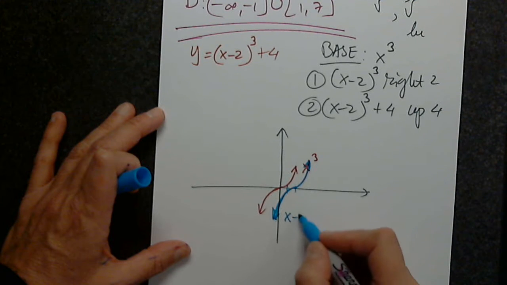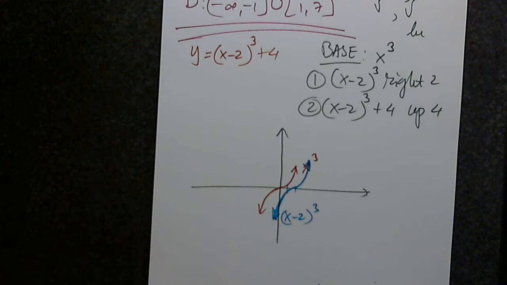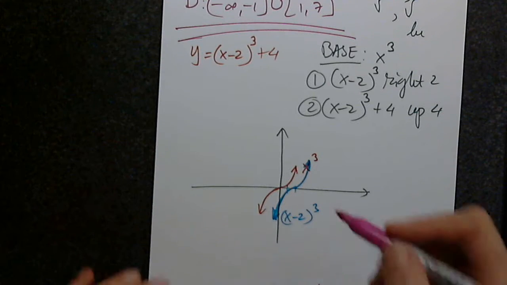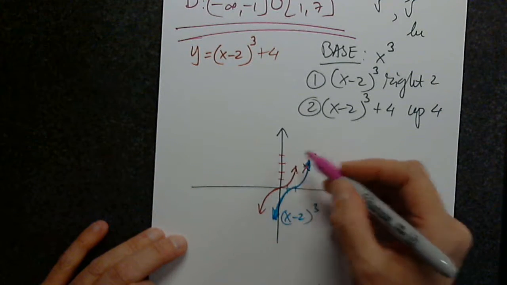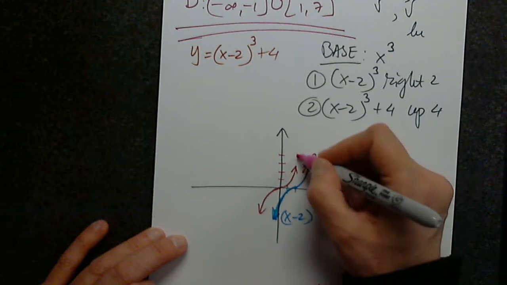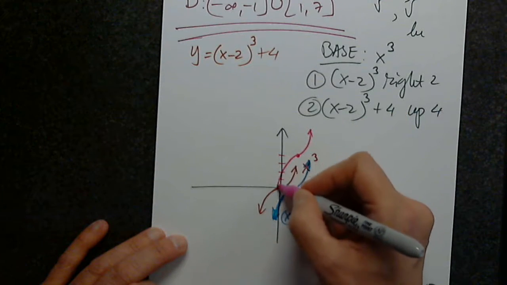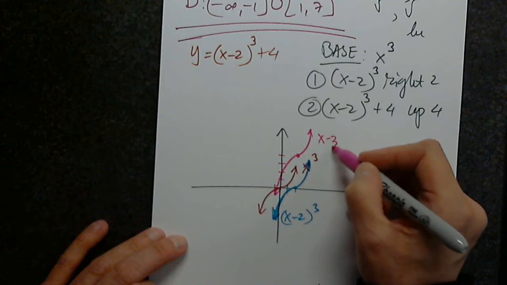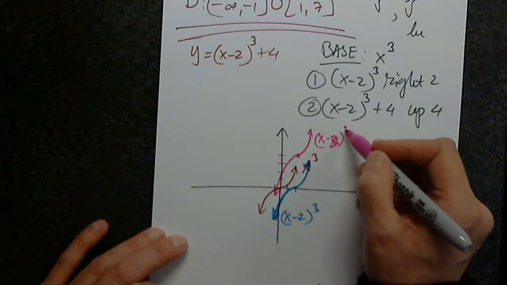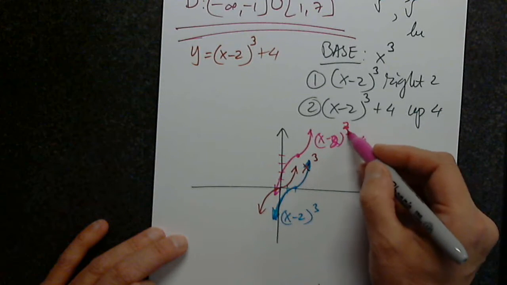Not perfect, sorry. And then, as you said, it has to be shifted up 4. So now this point goes up here. So this is (x minus 2) cubed plus 4.